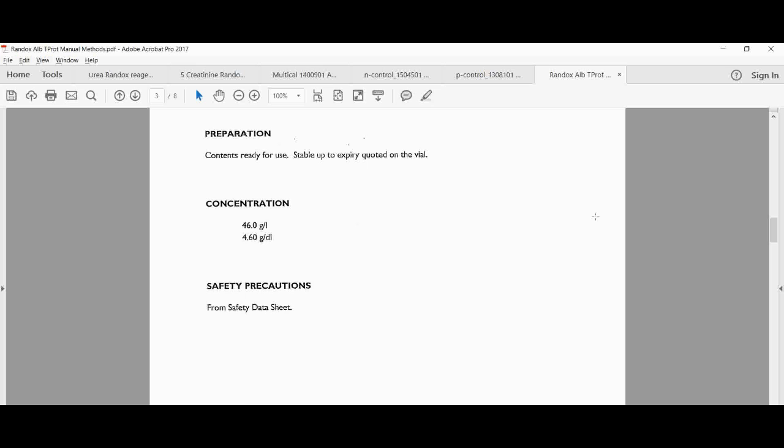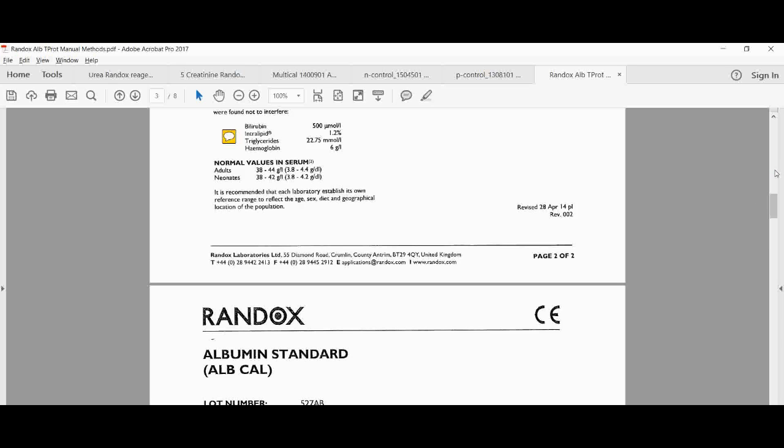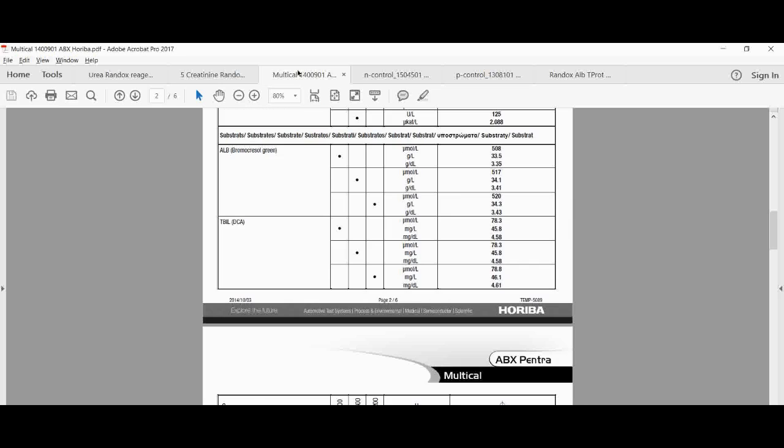So if you used the Randox standard, then you're going to use 46 gram per liter. If you use the Multical, then you're going to use 33.5 gram per liter.